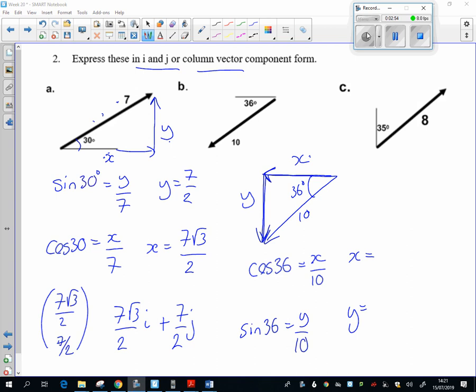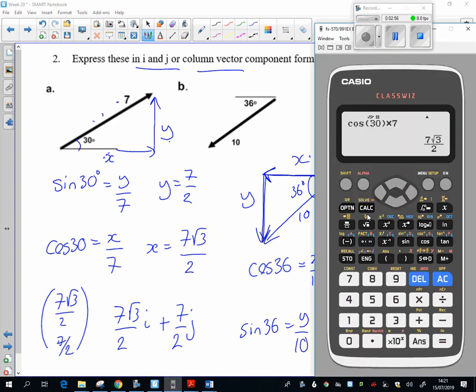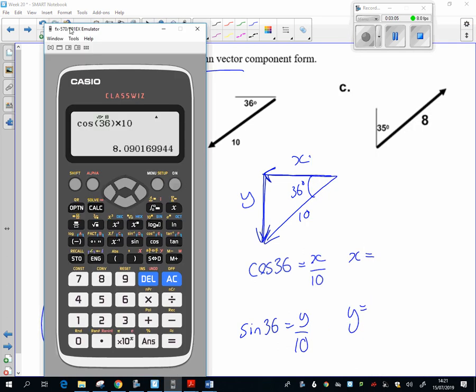So again, if I grab the calculator, cos 36 multiplied by 10. Let's just move the calculator out of the way. Gives me 8.09. We'll go to 3 significant figures. And sine 36 multiplied by 10 gives me 5.88.